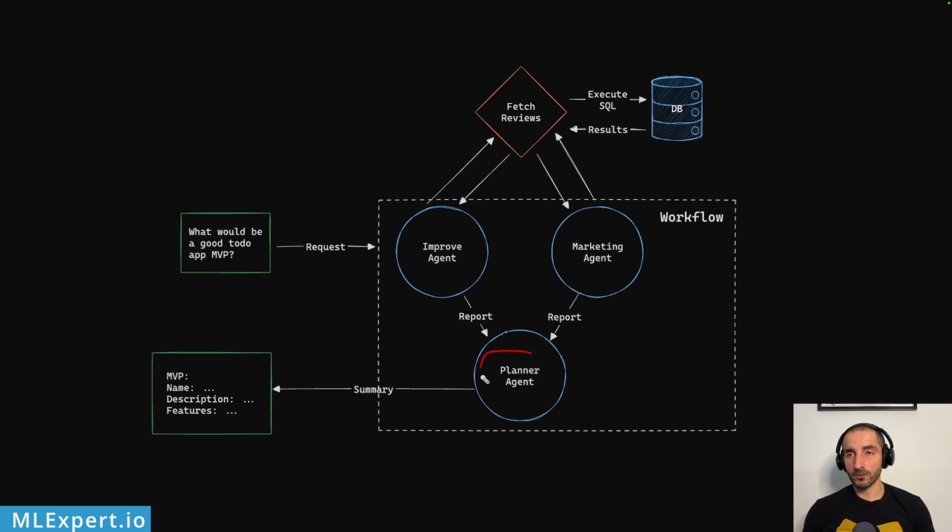And based on these reports, we're going to have another agent, a planner agent. This agent is going to be providing a summary that will essentially be the output of our agentic application. Based on the question here, you're going to get an MVP for a mobile app. In this case, the final agent is going to provide a name, description for the app, suggested features, etc.